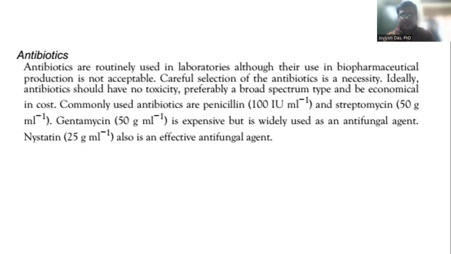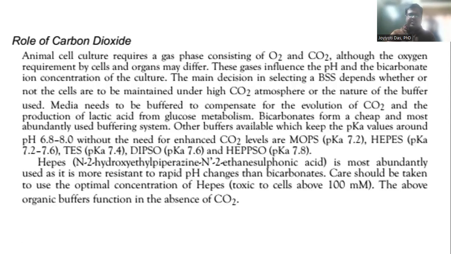So, a basic dose of antibiotics is supplied to the media, and the commonly used antibiotics are penicillin and streptomycin. Gentamicin and nystatin are also used as antifungal agents at times.